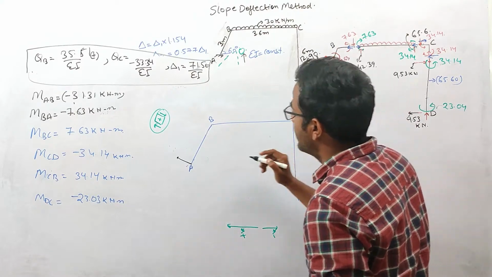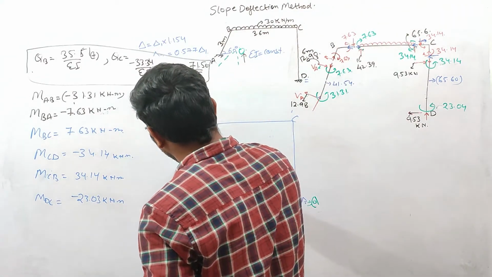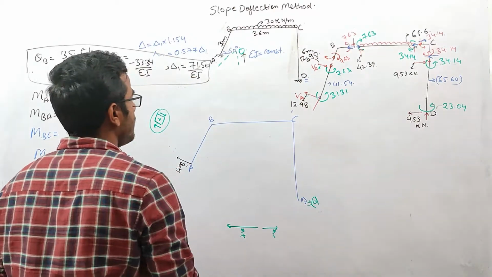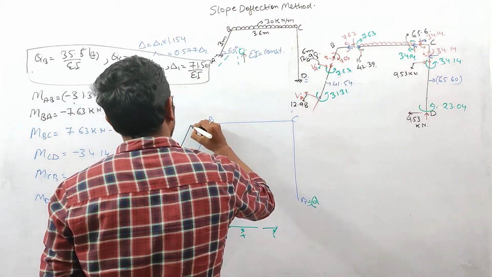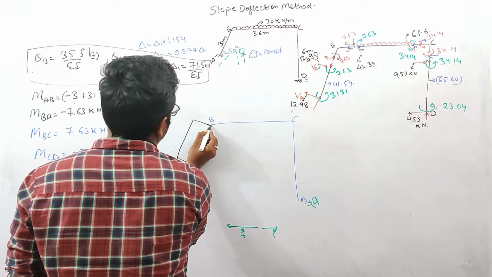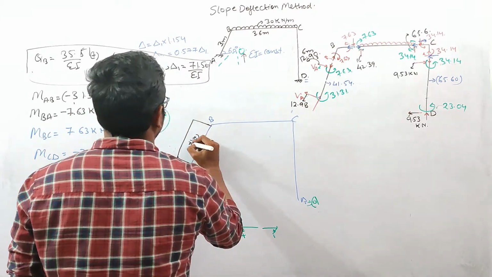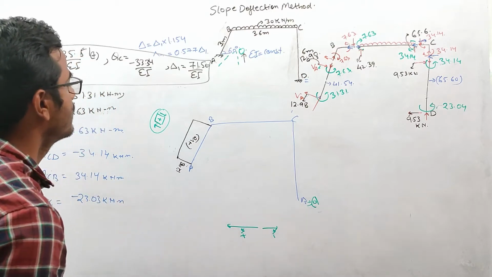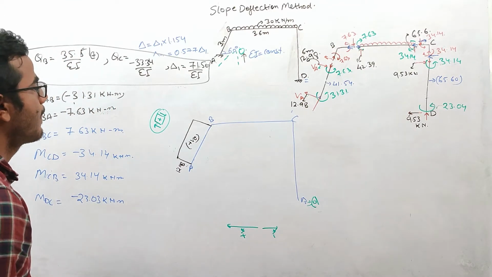So this is 12.98. And again, it will go here and it will come down. So this is positive shear force.